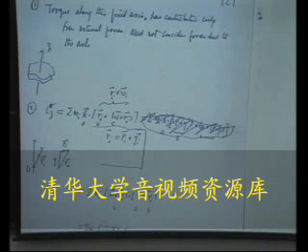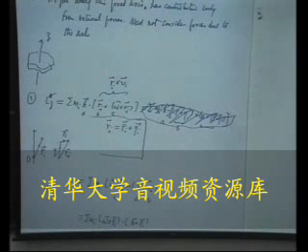Now k cross r_i. k is along the z-axis. r_i has a rho part and an eta part. The eta part is parallel to k, so you can drop that. So therefore it becomes k cross rho_i. In other words, you don't have to deal with eta_i at all.